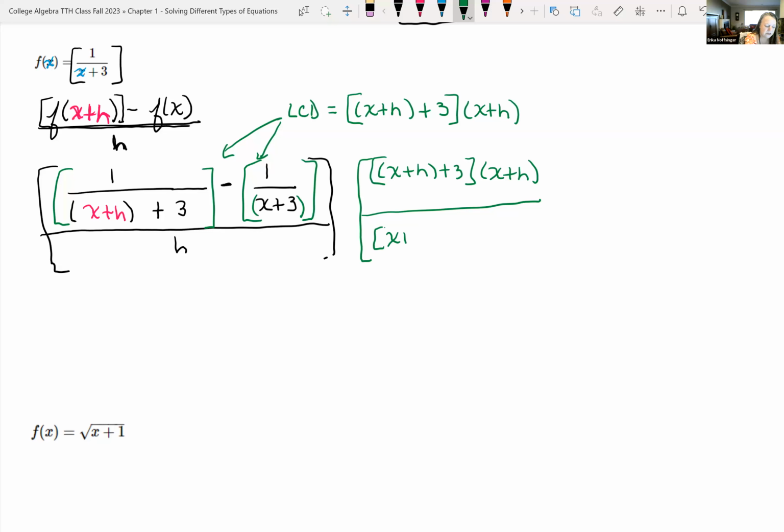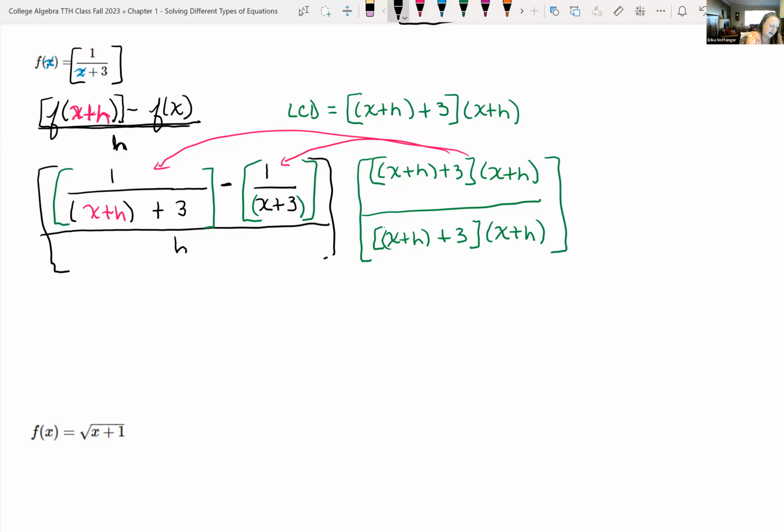The whole reason that we're doing this is that when we distribute this to the numerator, our fractions are going to simplify by canceling out like factors and get rid of our denominator. So we want to distribute the least common denominator to each term in the numerator.